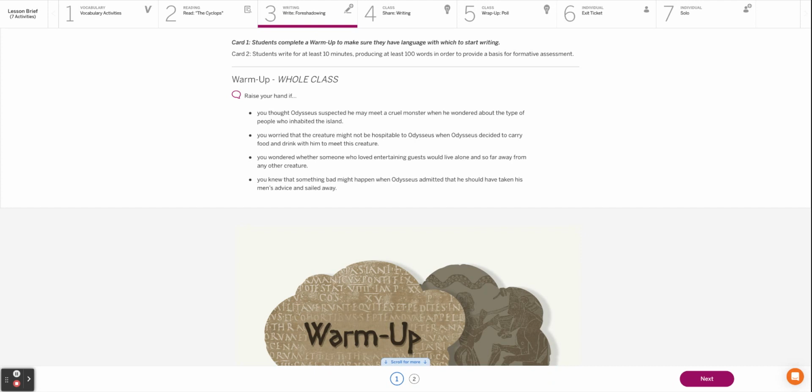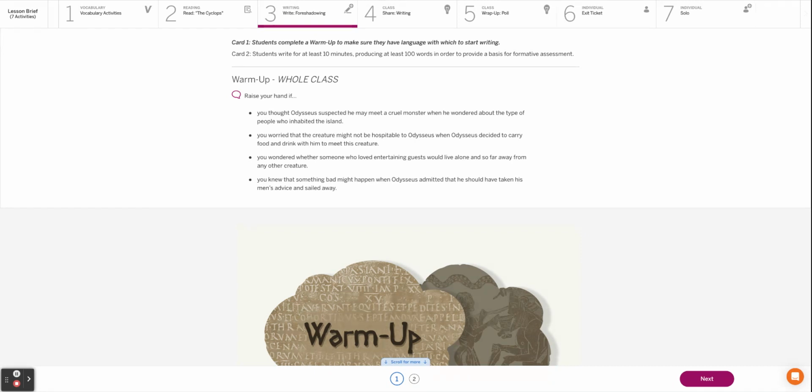Think about whether or not you worried that the creature might not be hospitable to Odysseus when they brought the food and drink. Think about whether you wondered whether someone would entertain guests if they lived alone so far away from any other creature. So again, more clues. And think about whether or not you knew something bad might happen.